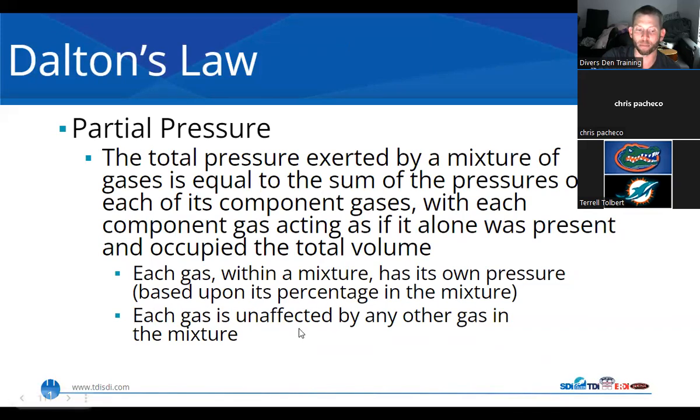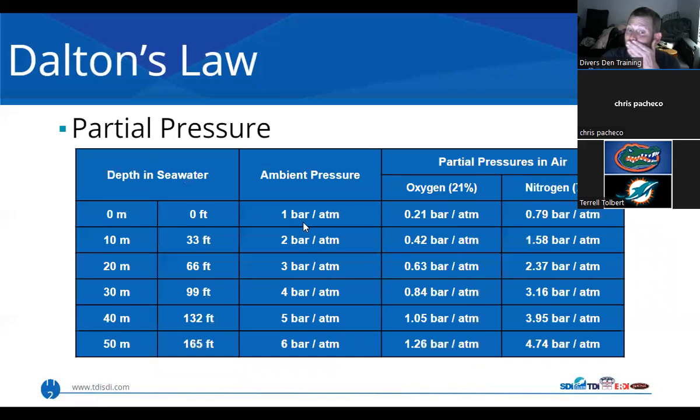It's a lot easier to show this mathematically than with words, because words are confusing sometimes. So here's what it's telling you, right? And I showed you guys this on the whiteboard in my video. Ambient pressure is the atmospheres, the feet, right? And if it's oxygen, it's 0.21 at 1 atmosphere, 0.42 at 2 atmospheres, 0.63.